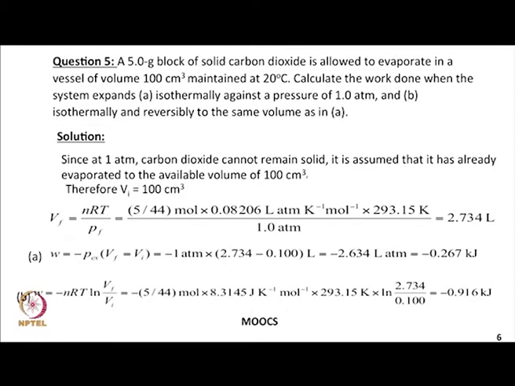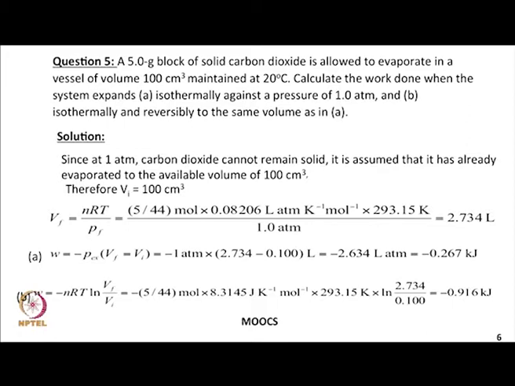And if the same thing were to be done under reversible conditions, part B, the formula to be used is minus nRT log V final over V initial, and the substitution of the numbers gives a value of minus 0.916 kilojoules.